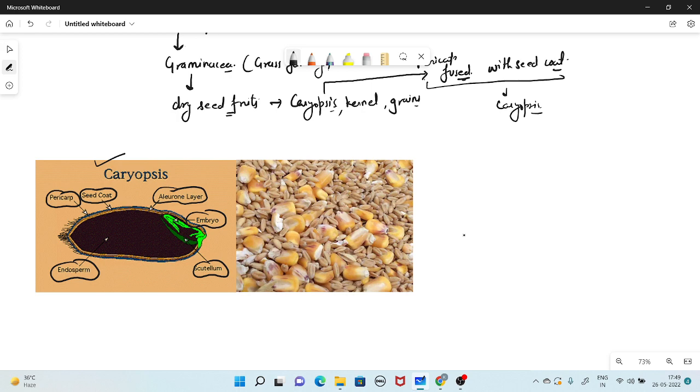So caryopsis is a fusion of seed coat and pericarp, right? And the embryonic part contains degrading enzymes, right? Which are used by the seed during germination.